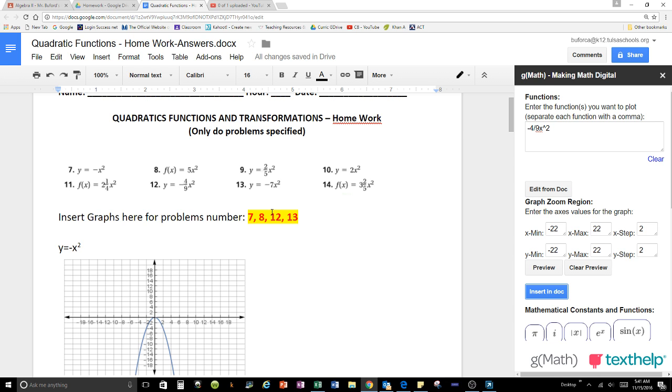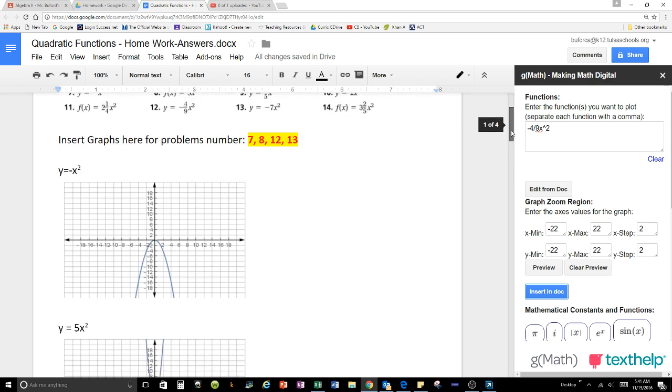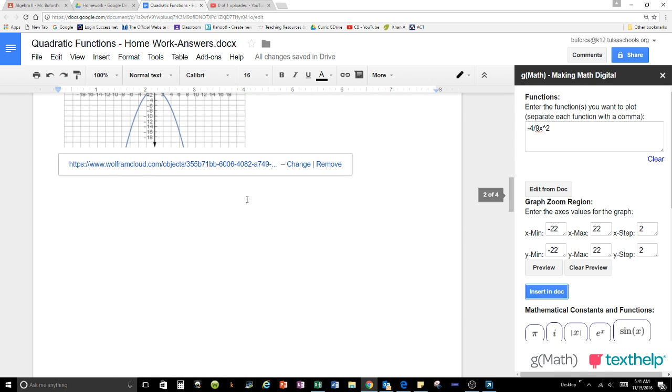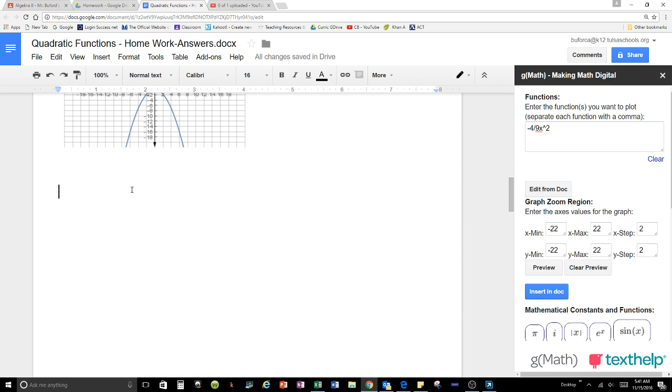So let's go and do this one. That's a minus 7x squared. So y equals minus 7x squared. Let's go back down. Y equals minus 7x. So that's a control period, 2 control period.